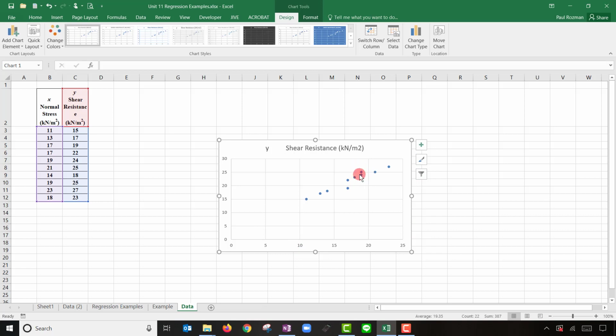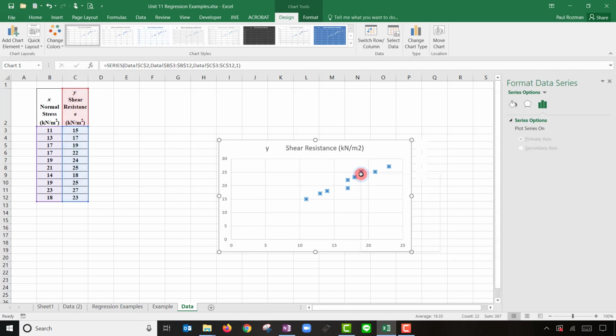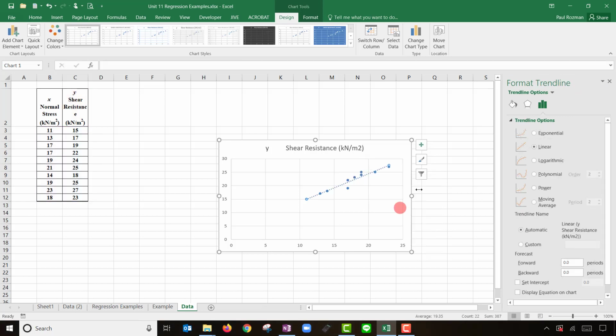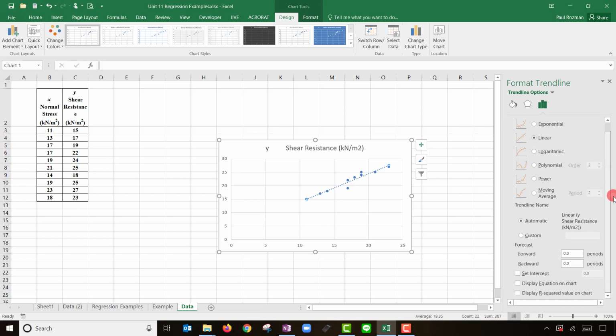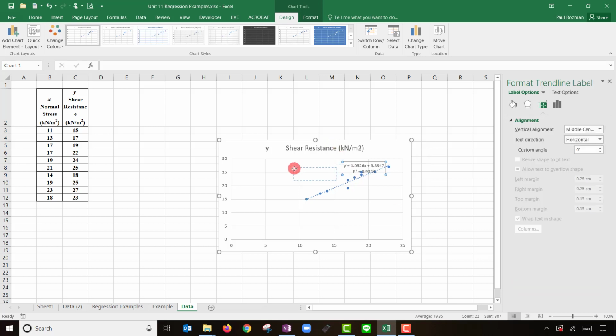And if you want the equation of the line, you can right click on it, add trendline, and then you get a choice of what type of regression you want to do: exponential, linear, logarithmic, polynomial, etc. We want linear, and we want to make sure that we display the equation on the chart. And I also want to see the R squared value. And then, if you don't like where it put it, you can move it wherever.